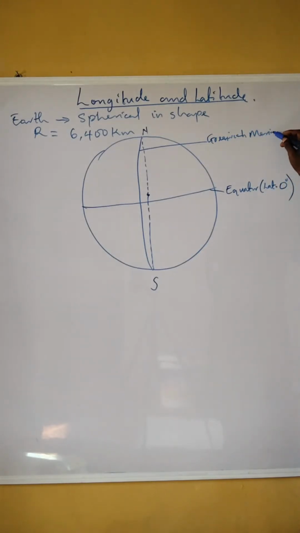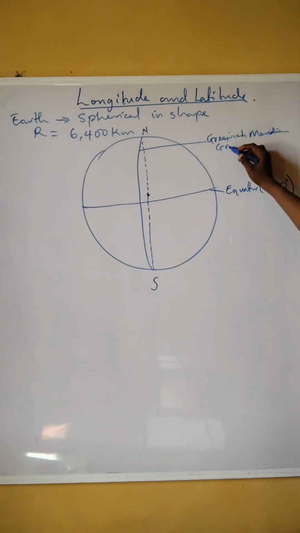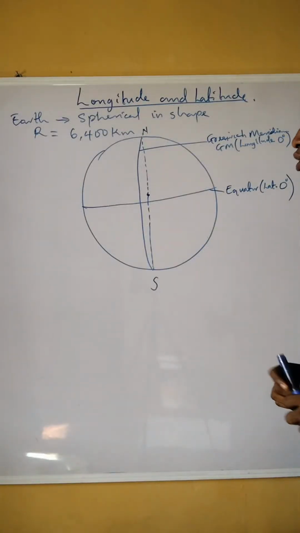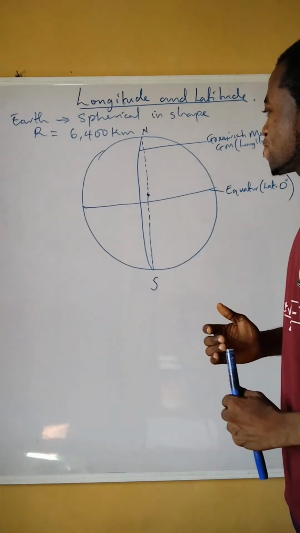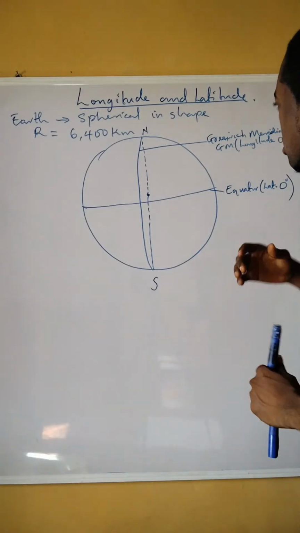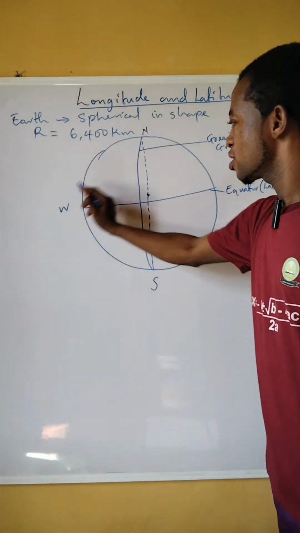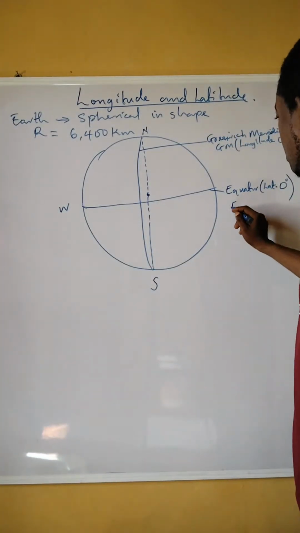Sometimes we shorten it as GM, and it is also known as longitude 0 degree. This means that on this side we have the west, and on this side we have the east.